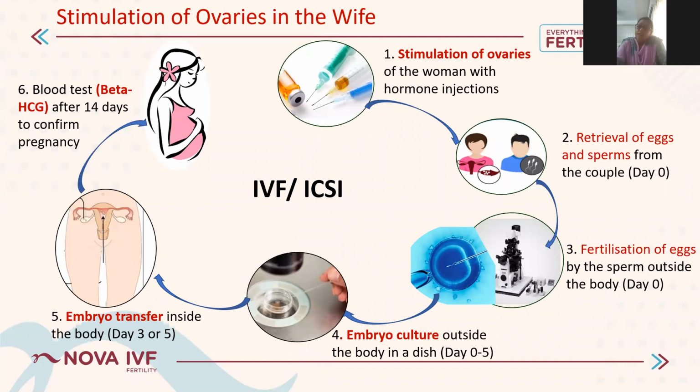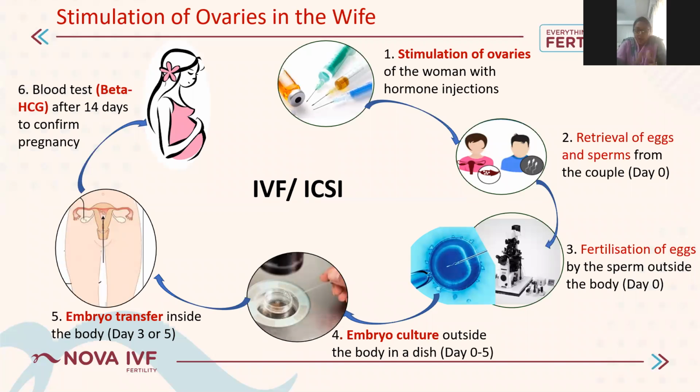One concern the patients have is, are these injections painful? Let me tell you that nowadays we give injections which are subcutaneous, and these are not very painful. They are not a trouble to take either. The first injection you can take in the center itself, and later on you can administer them by yourself even.